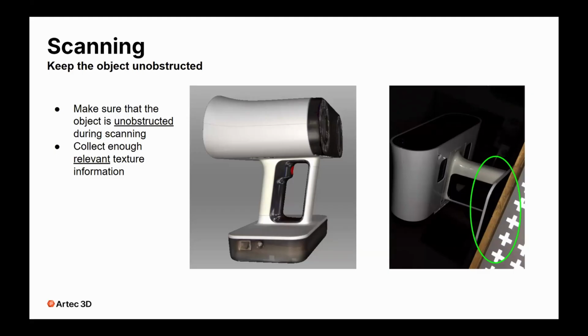If there is simply no frame for a specific angle of a geometry part, then Artec Studio won't know the color of the surface. So try to avoid the blind spots and try to cover your object fully.